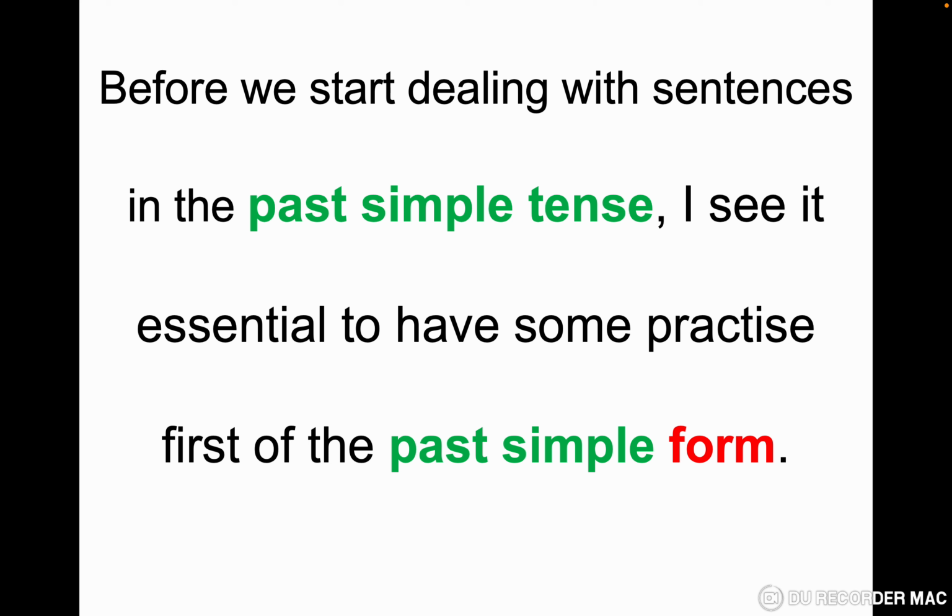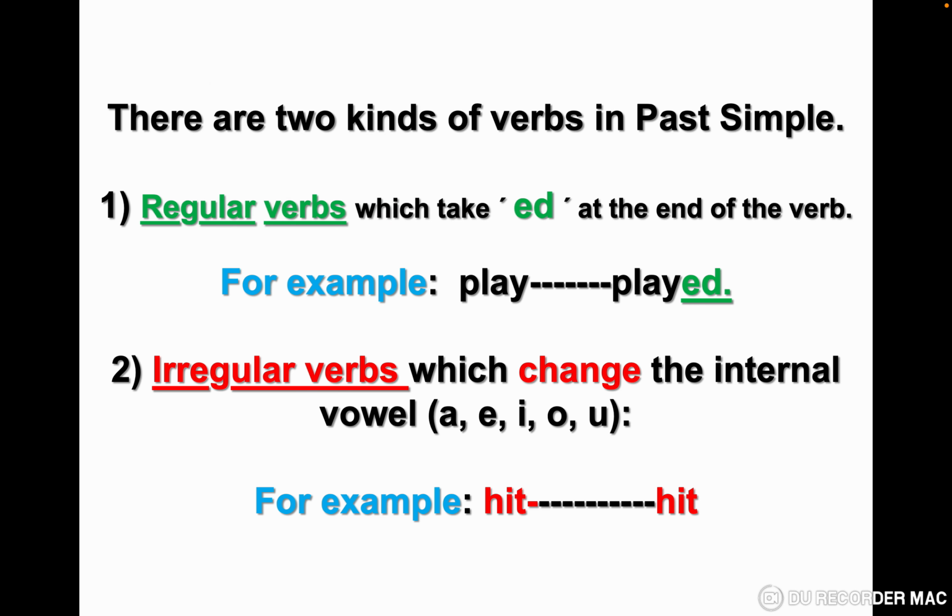Before we start dealing with sentences in the past simple, I see it essentially important to have some practice first of the past simple form. As I said in the three previous lessons, there are two kinds of verbs in past simple in English: regular verbs, which take ed at the end of the verb, for example, play, played, and irregular verbs, which change the internal vowel a, e, i, o, or u. For example, hit, hit.